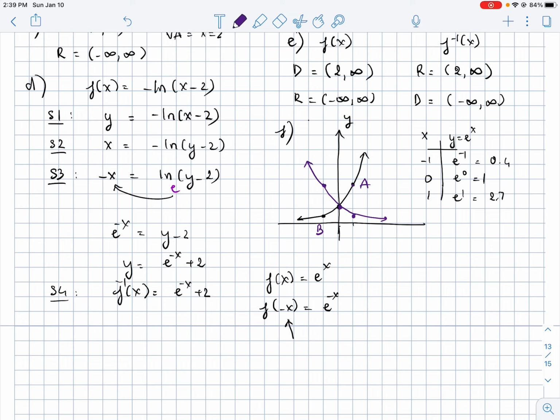And after that, what we do next is add 2 to the function, and adding 2 means you will move 2 units up. When we move 2 units up, you pay attention to the x-axis. That is the asymptote, right? So when you move up 2 units, that asymptote will move 2 units up also.